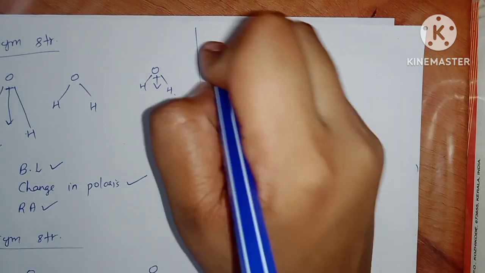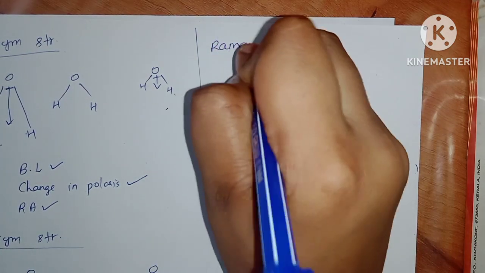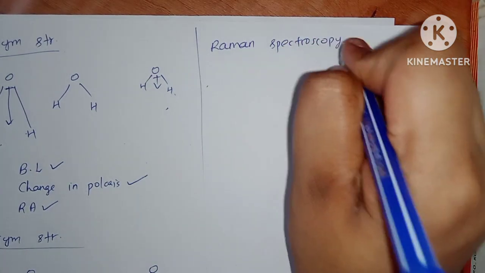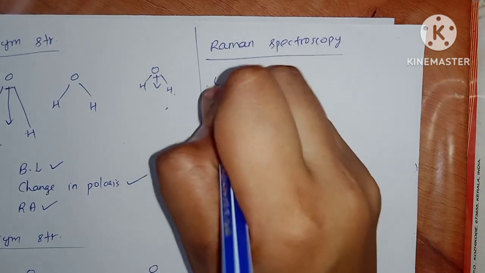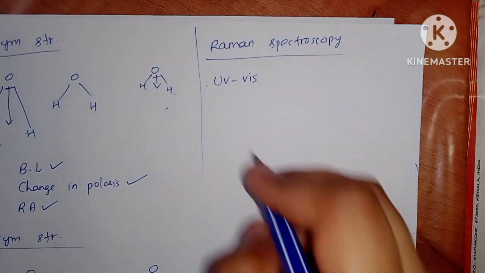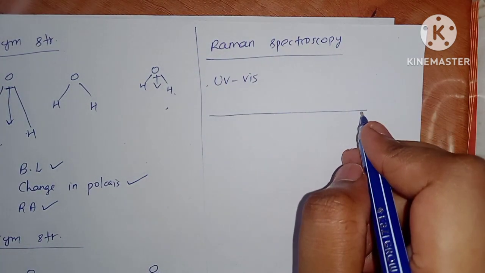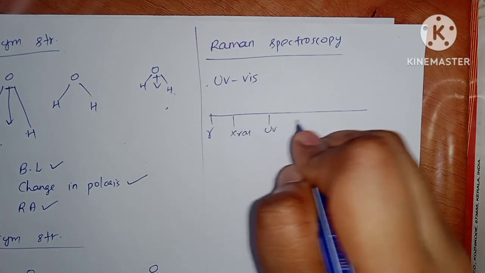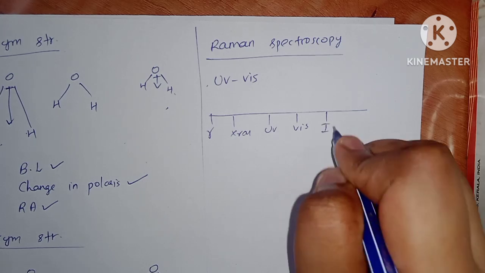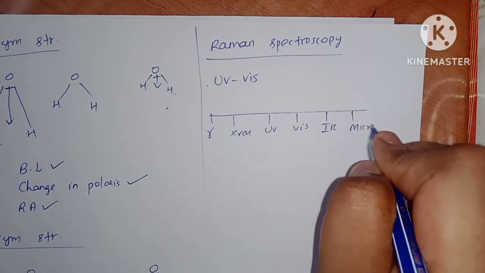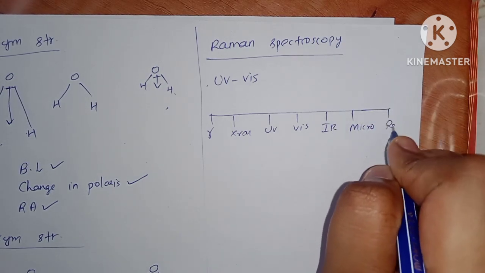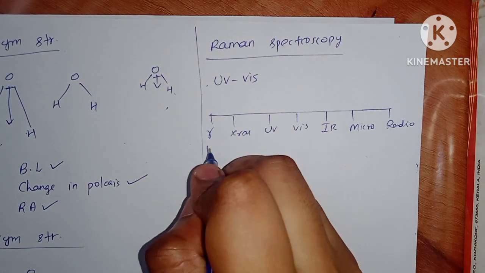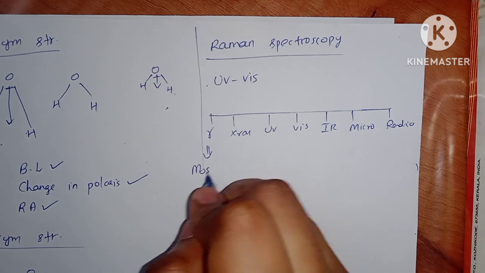Now we are going to the spectral part of Raman spectroscopy. For the electromagnetic radiation, as we have already mentioned, we are using UV visible radiation. We know there are a total of 7 types of electromagnetic radiation: gamma ray, X-ray, UV, visible, IR, microwave and radio wave, and each is particularly used for different spectroscopies. Gamma radiation is used in Mossbauer spectroscopy.